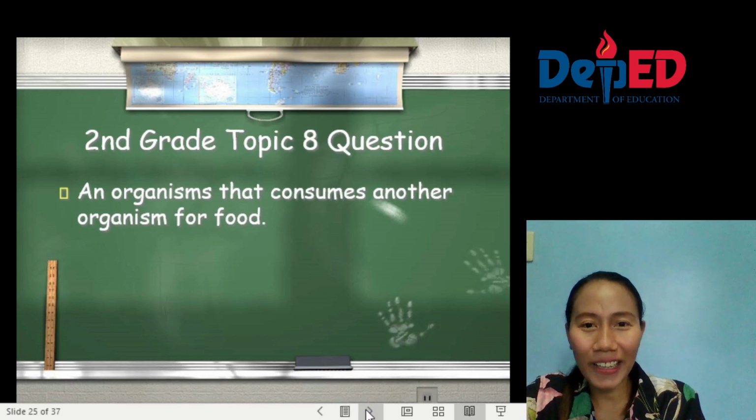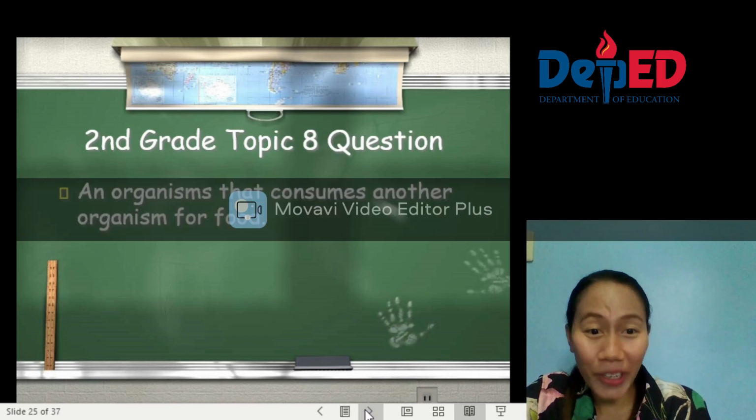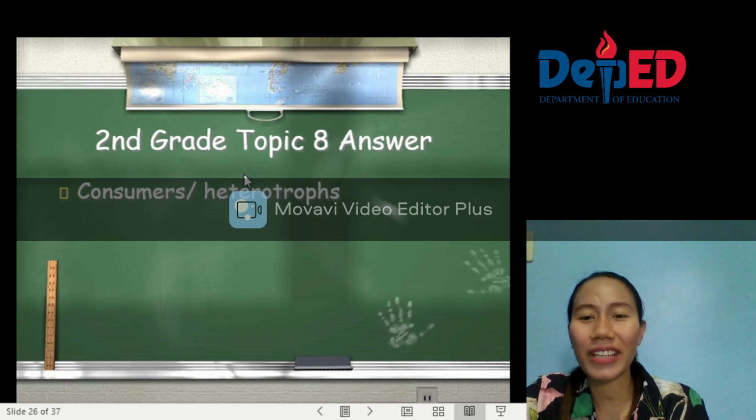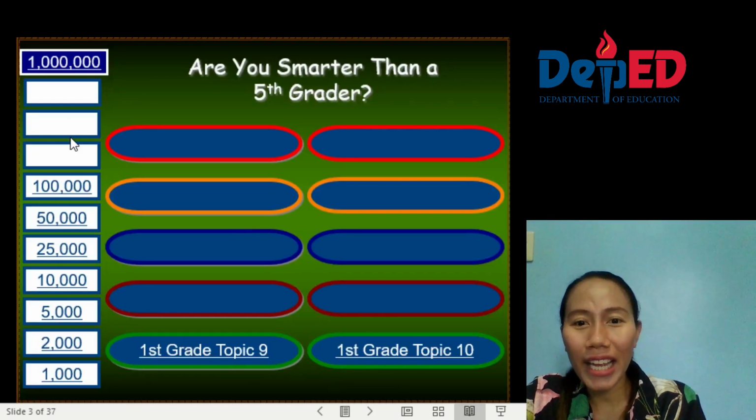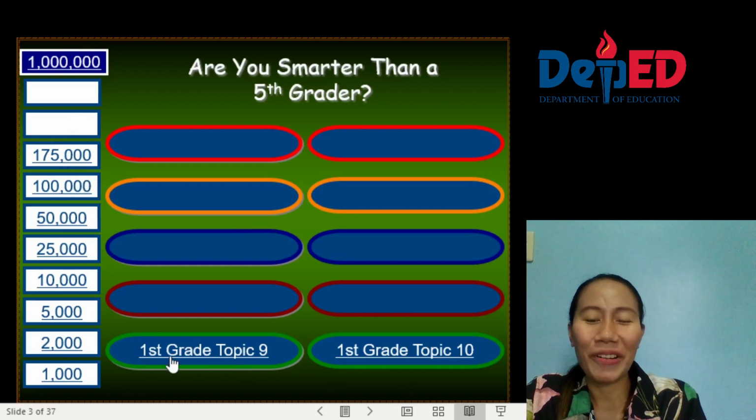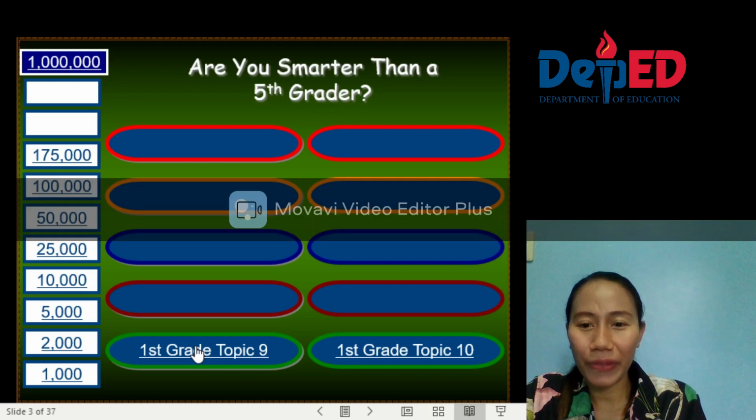What do you think is the answer? What is your answer? Alright, the answer is consumers or heterotrophs. Very good. Wow, you only have 2 questions left and you have 175,000. For the second to the last question, first grade topic.